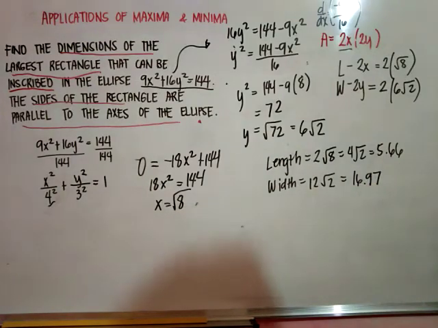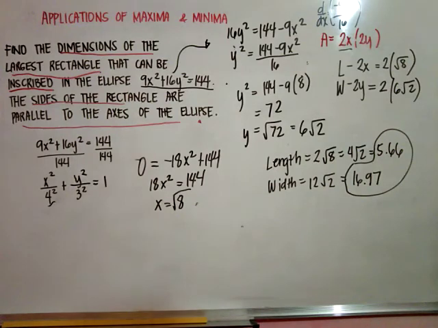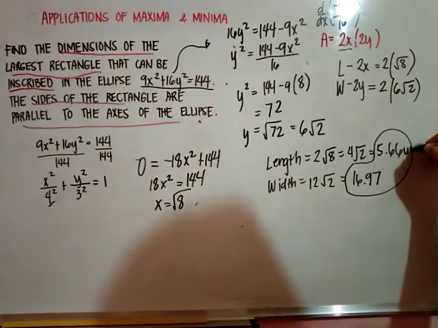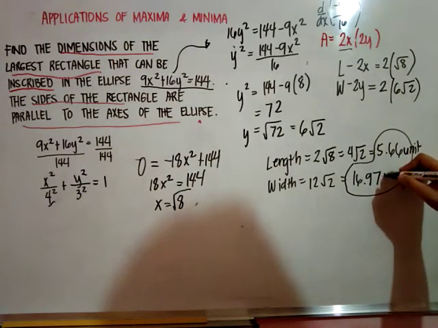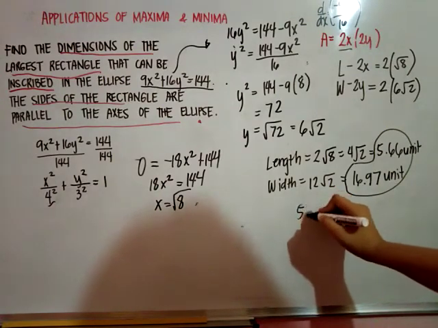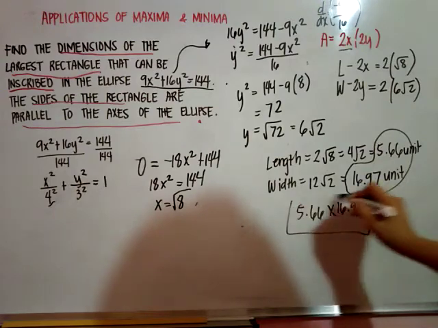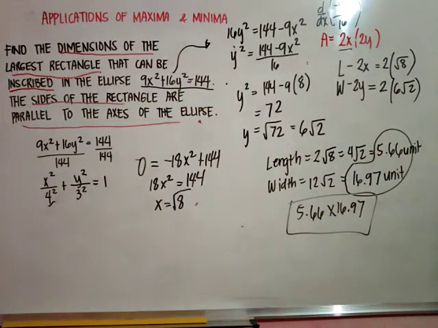So this will be the dimension of the largest rectangle that can be inscribed in the ellipse. So ang unit lang nito, sabihin natin unit. 5.66 unit by 16.97 yung sukat ng rectangle.